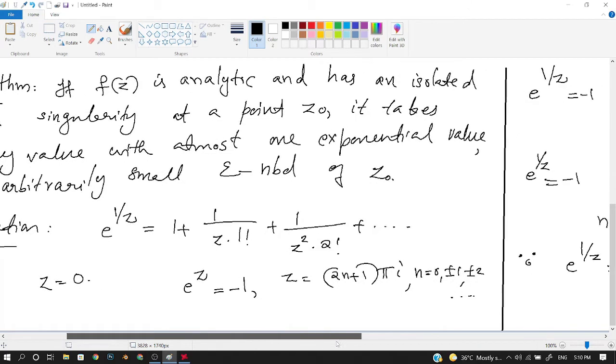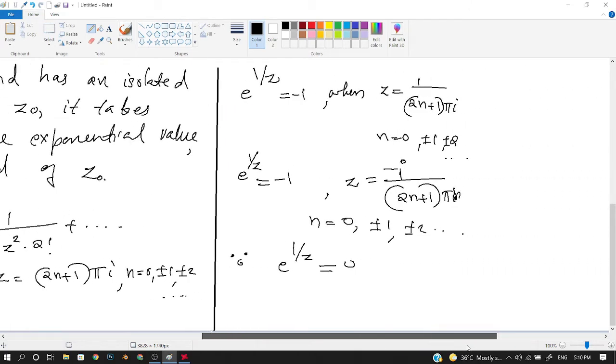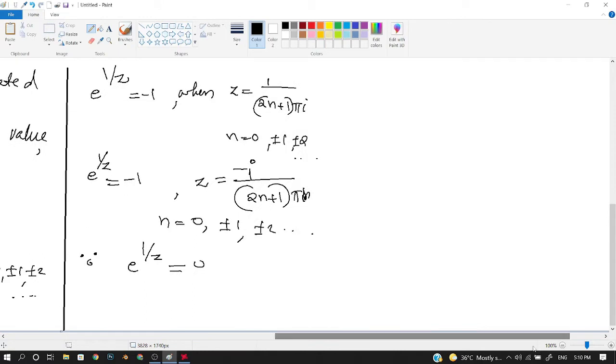Then e raised to 1 by z is equal to minus 1 when 1 by z is equal to 2n plus 1 into pi i, where n equal to 0, plus or minus 1, plus or minus 2, etc. So z is equal to minus i by 2n plus 1 into pi, where n varies over 0, plus or minus 1, plus or minus 2, etc. An infinite number of these points clearly lie in any given neighborhood of the origin.